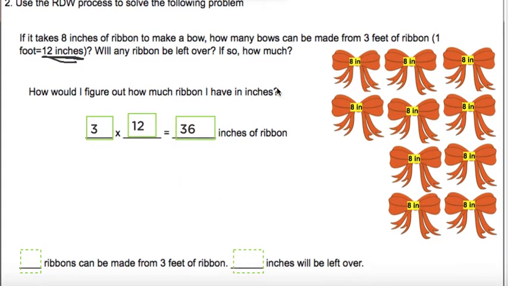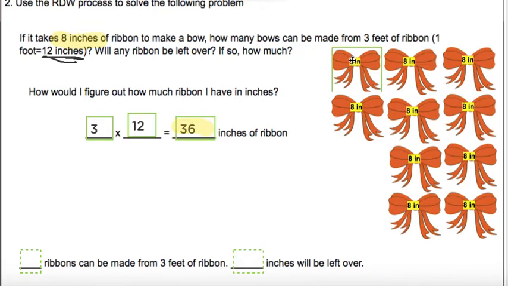So now that we know how many inches of ribbon we have altogether, now we are able to figure out how many bows can be made from 3 feet of ribbon. We have 36 inches altogether. Each bow takes 8 inches. 36 inches, 8 inches.